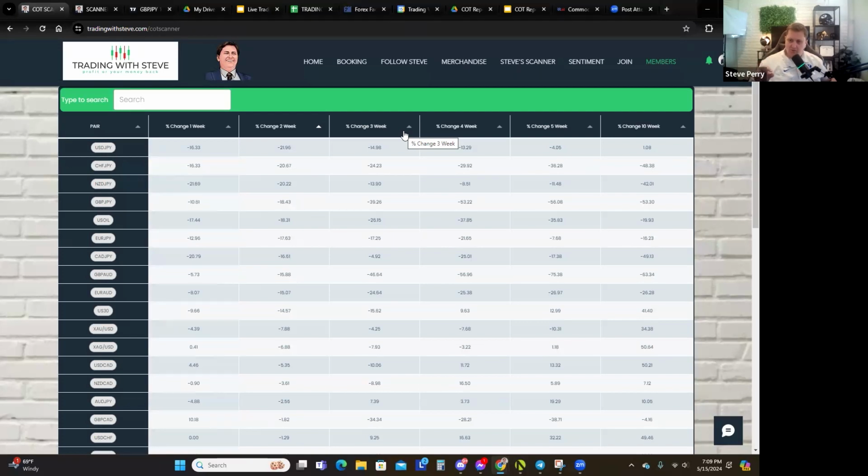So if the scanner says, let's buy this pair, it looks at that 3 week shift a little more, and if it's a pretty big shift, there's a pretty good chance that it's going to be a signal for the week. We've really used that one, but you don't want to underestimate the other ones too. The 4 week shift's also really great.